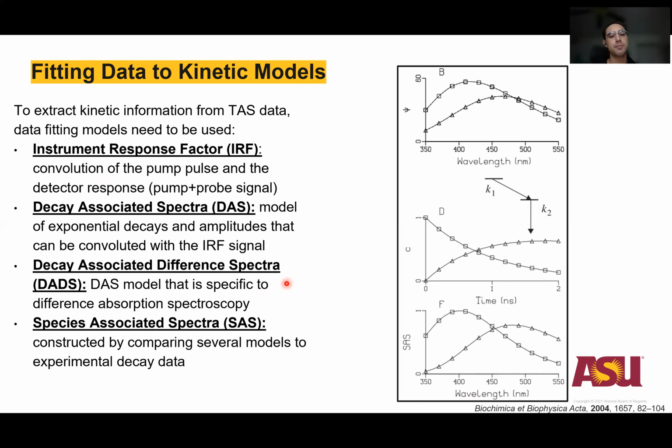And so compiling all of that, you're able to construct what's known as species associated spectra, by comparing several different models to your experimental decay data. And so you're going to need some amount of intuition to figure out the best way to optimize fitting this data to a model.